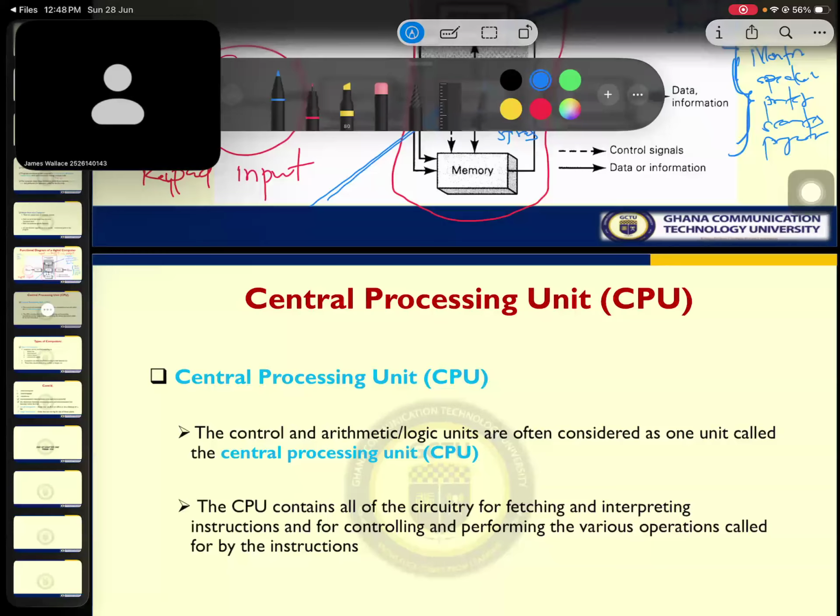Okay, thank you, sir. Any other question before I conclude the class? Okay, so today we have introduced you to the basic idea of digital electronics. We have seen that electronics deals with the behavior and the movement of electrons, while digital electronics focuses on circuits and systems that can process information in discrete forms, mainly zeros and ones.